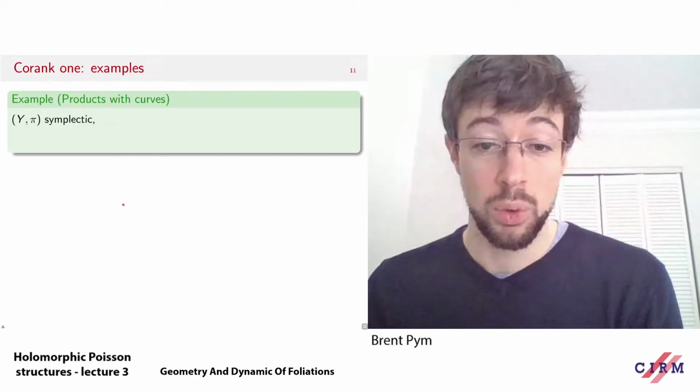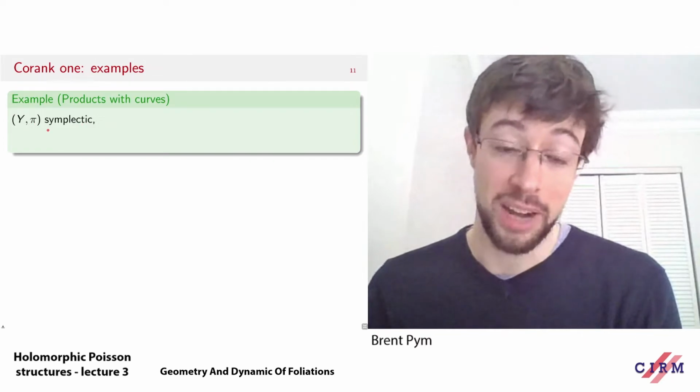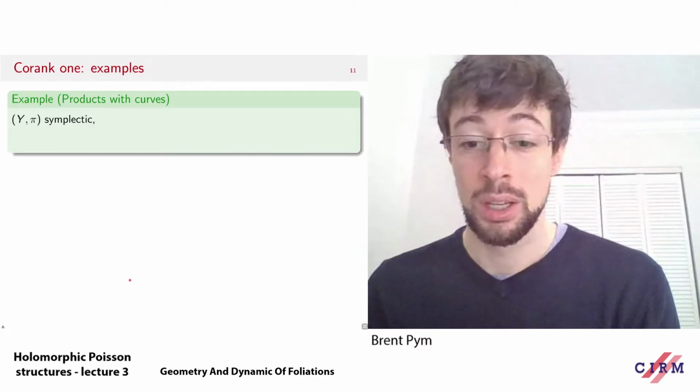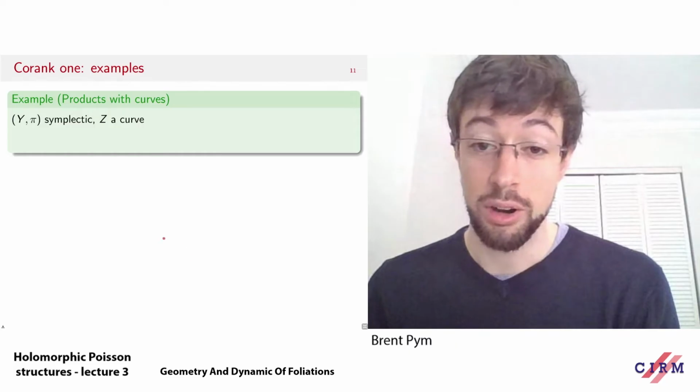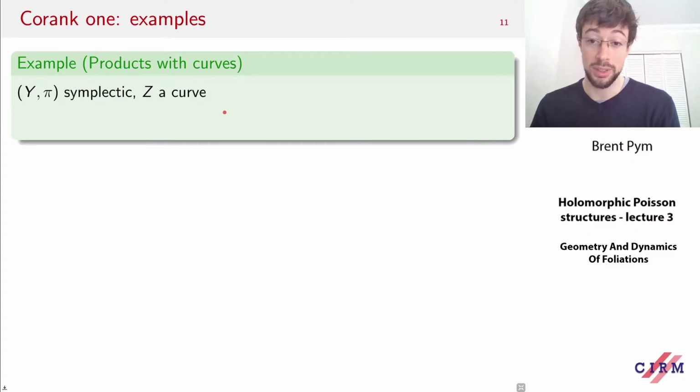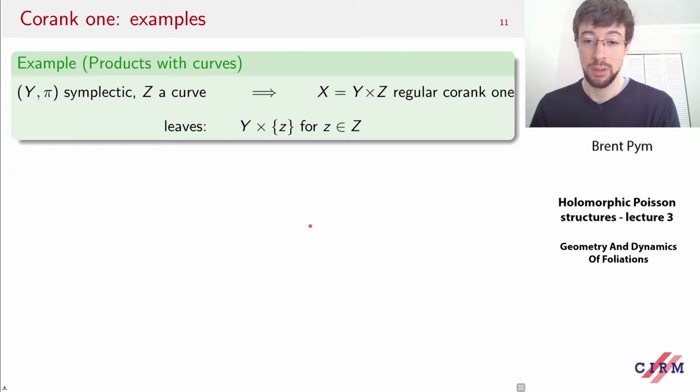Well, one thing I could do is to take a symplectic manifold, Y comma pi, and then I could just take a curve, Z, equipped with the 0 Poisson structure, and then I could take the product. And this will give me a Poisson manifold, which is regular of co-rank 1.